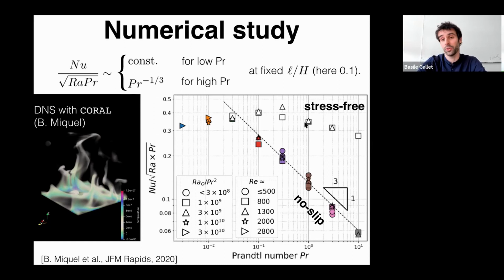But then you could also wonder: if you did an experiment with a heat source that vanished at the boundaries, wouldn't you have the same transition? That's right. If we had a heat source that vanishes at the boundaries, I would even suspect that we would never have the Prandtl to the 1/6 behavior here.